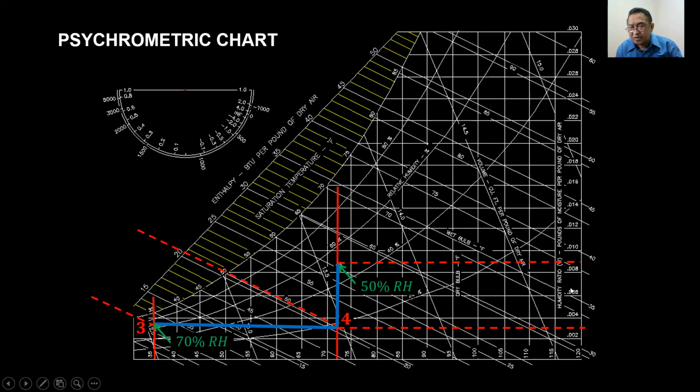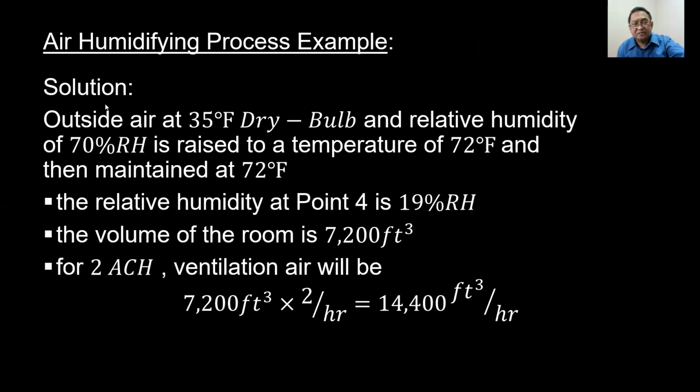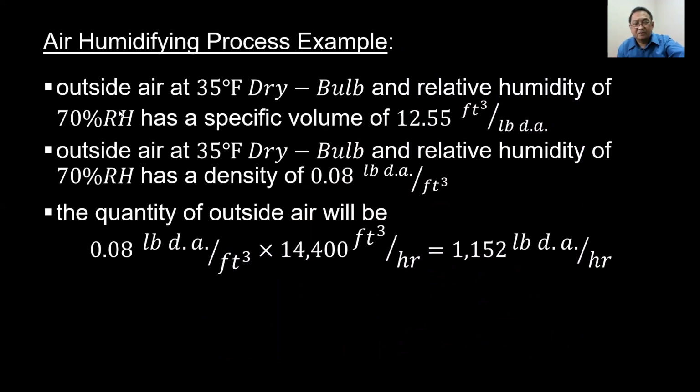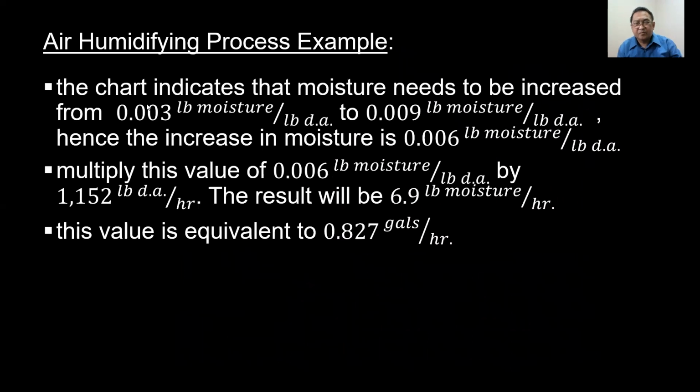So the increase will be 0.009 minus 0.003 pounds of moisture per pound of dry air. So we have 0.006 pounds of moisture per pound of dry air will be the increase of moisture that will be needed.